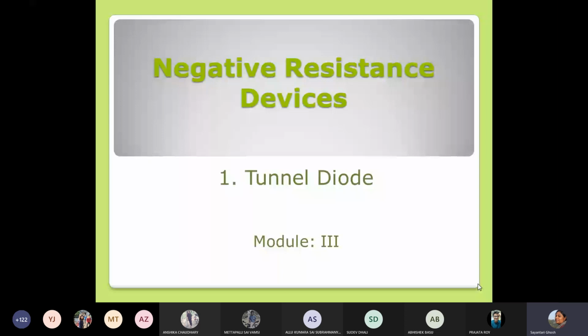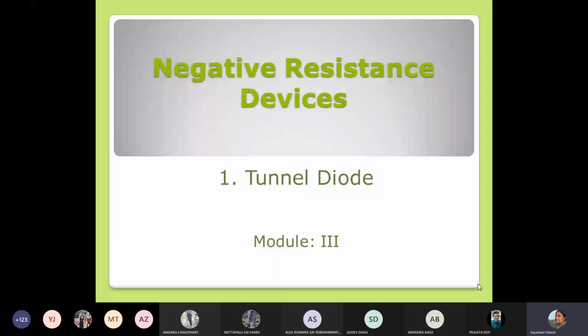One by one, we will talk about these devices. The main essence of this module is to understand how beautiful different physics can arise when you tune your semiconductors a little bit and see what kind of properties arise from there. So today we will discuss tunnel diodes. Let us start our discussion.